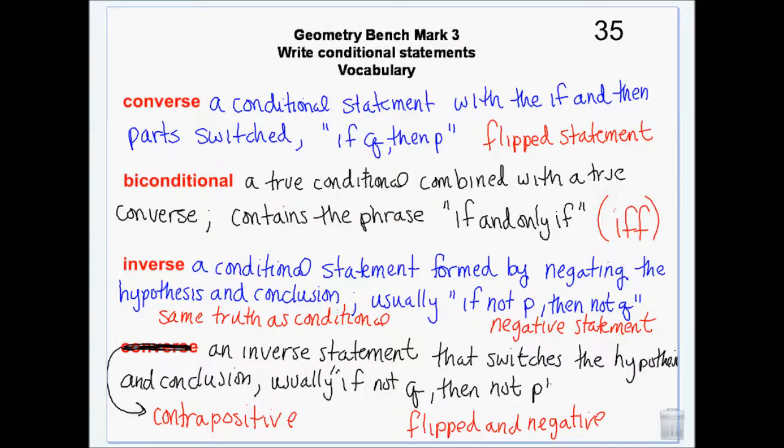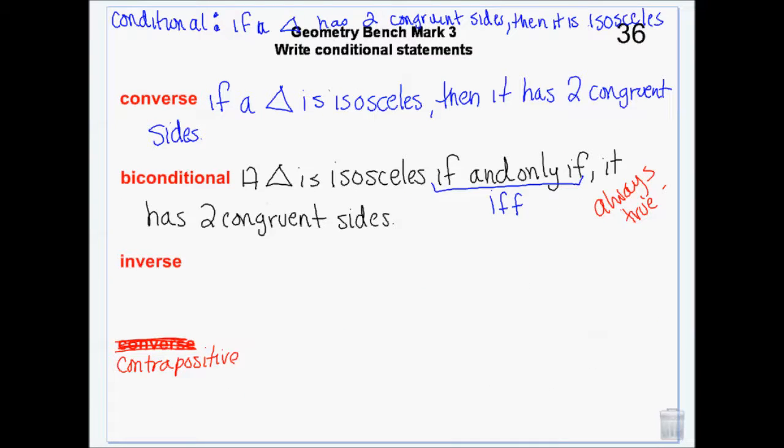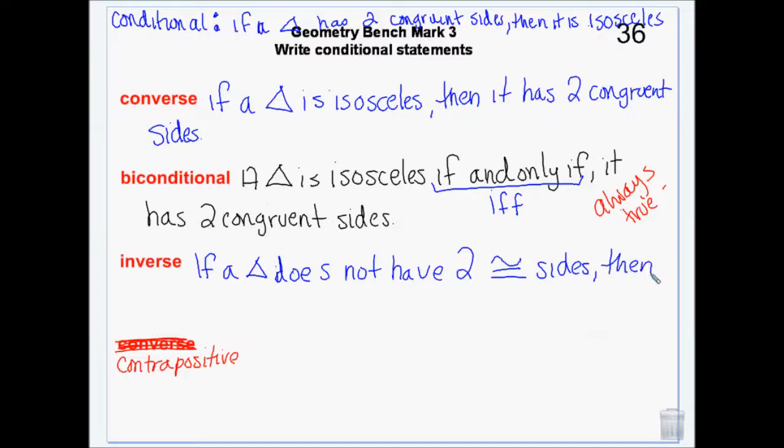For our triangle statement, we would say, if a triangle does not have two congruent sides, then it is not isosceles.